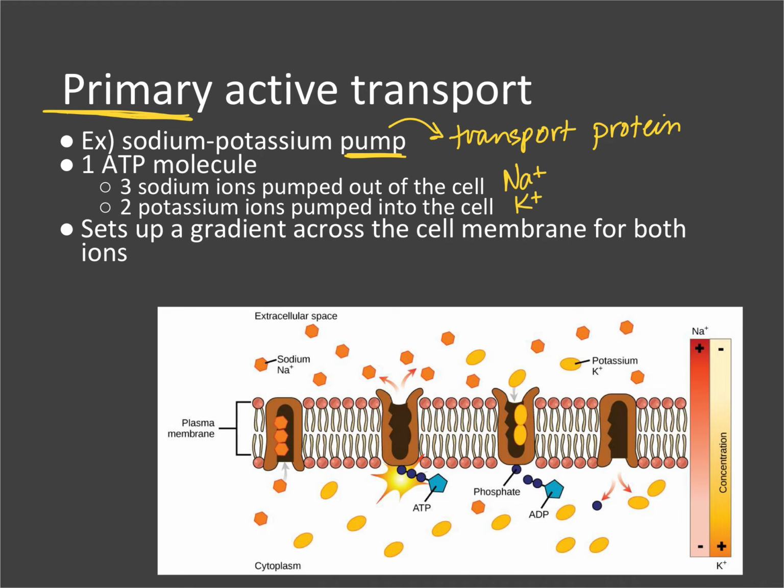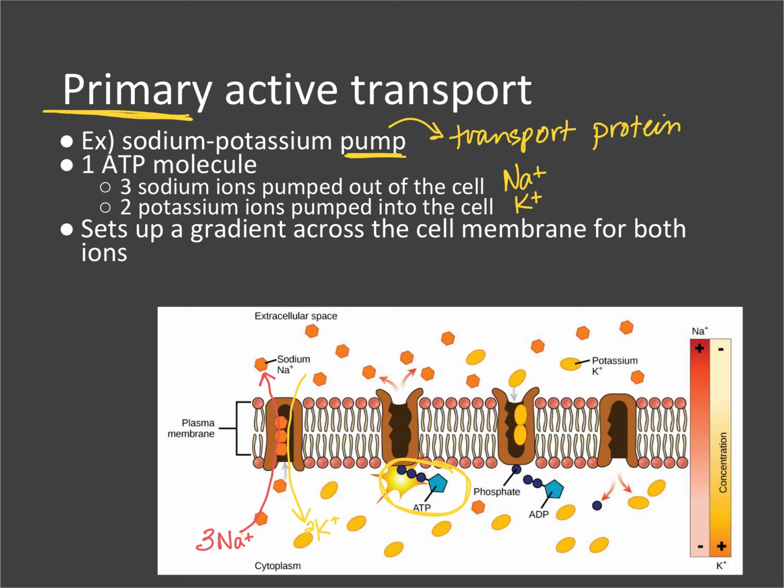If we look at our example here, for each ATP molecule that is expended in this process, 3 sodium ions are transported in one direction across the cell, and 2 potassium ions are transported in the opposite direction.